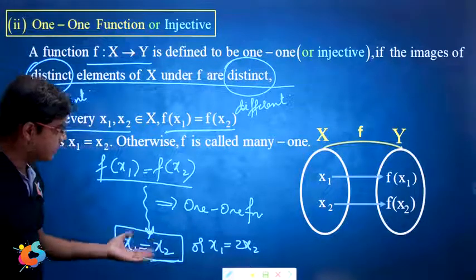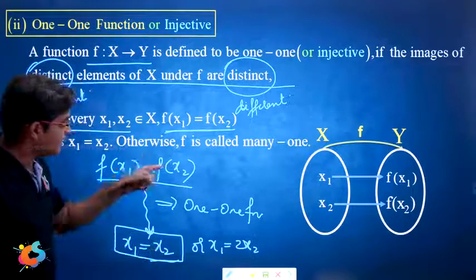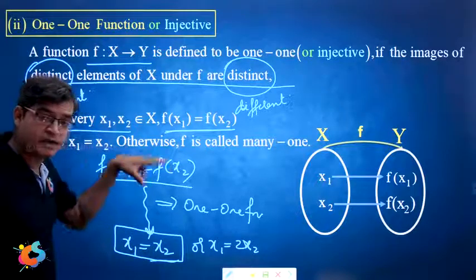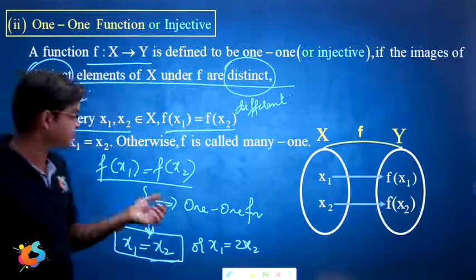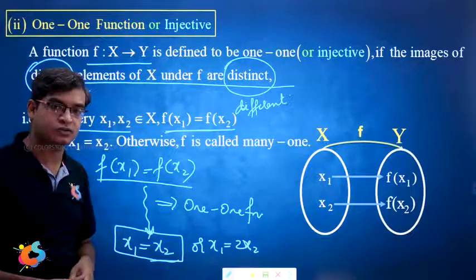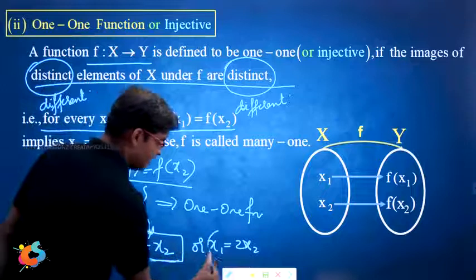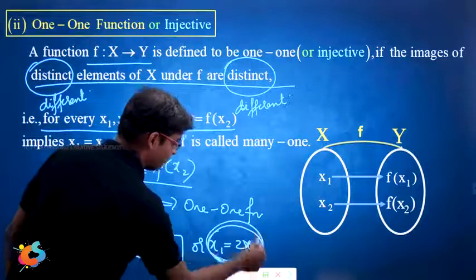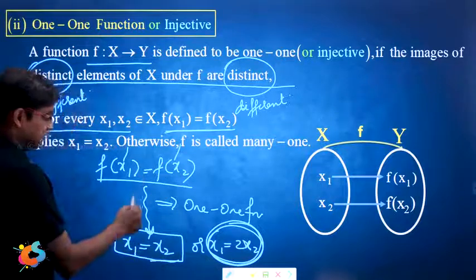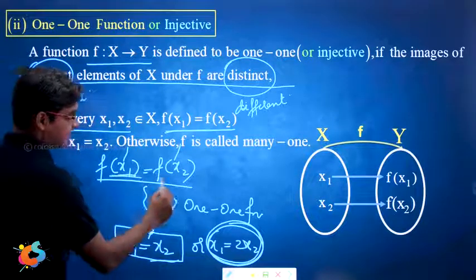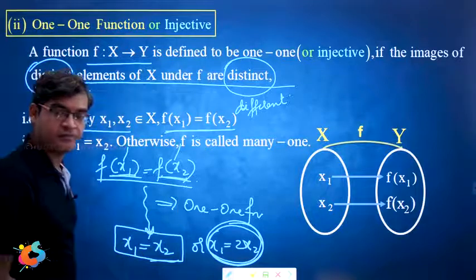X1 is equal to X2 means the element for this equation should be same, or X1 is equal to 2X2 also gives f of X1 is equal to f of X2. Means there are some solutions where even if the input values are not same, the output values or the images can be same.